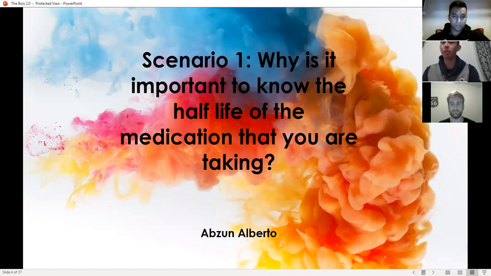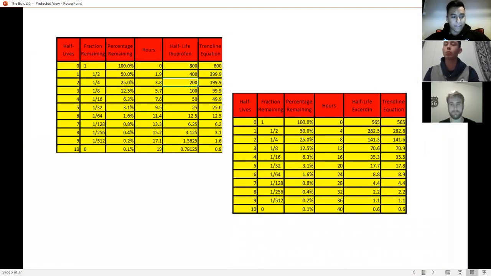All right, Alberto, why is it important to know the half-life of the medication that you're taking? Being informed of the half-life of the medication you are taking is very important in many aspects and reasons. It also can be very beneficial for yourself. It's important to calculate the half-life of your medication, comparing it with hours. For example, here you can see that I have a chart for ibuprofen and I have a chart for Exerden.